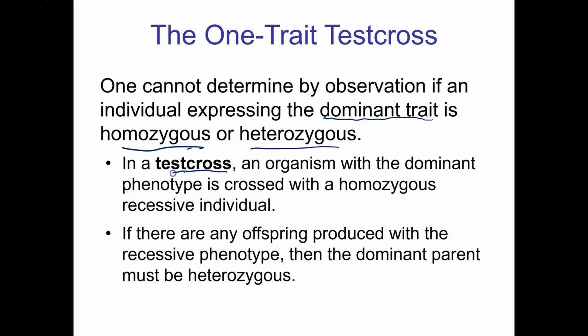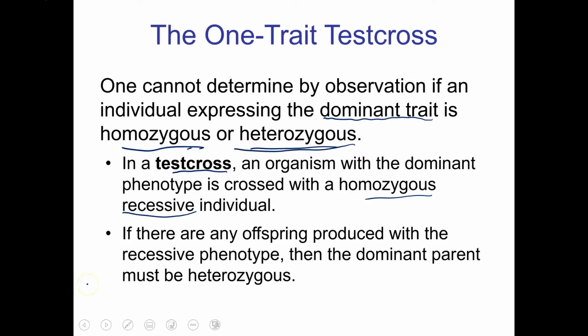So we use a test cross, where we cross that organism with a homozygous recessive individual, and the offspring tell us the result. If any of the offspring show the recessive phenotype, then we know that the parent with the dominant trait is heterozygous.